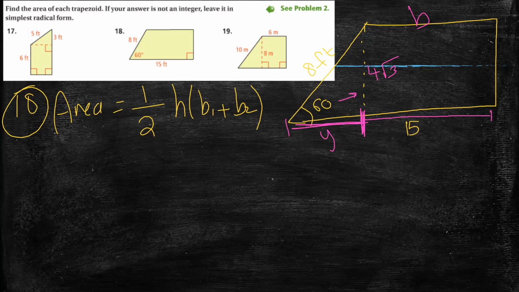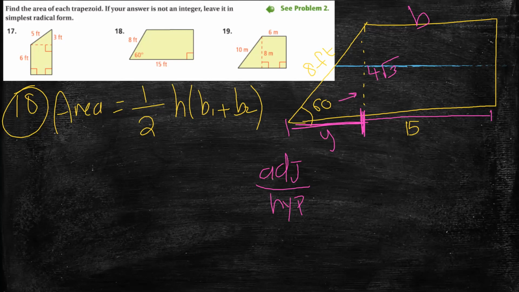And also we have to use the trigonometric function. Here we have now, for the angle 60, the adjacent y over the hypotenuse, as an example. Or if you choose adjacent over opposite, it will be the same.